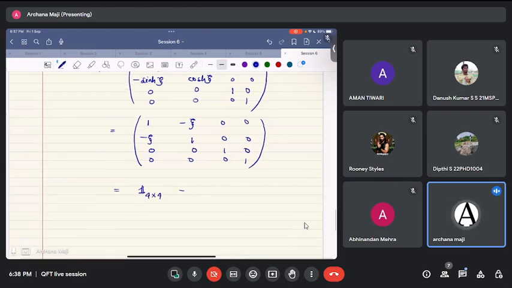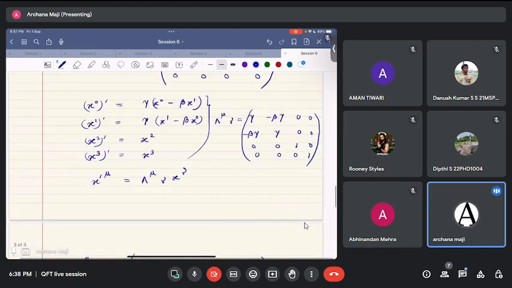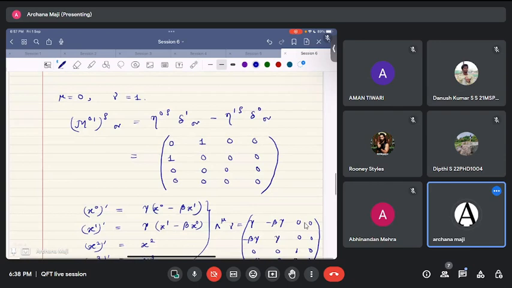So this you can write as the 4 by 4 identity minus xi times this matrix, with 1 and 0 entries. This is what we had, right? That is nothing but this matrix M01 rho sigma.